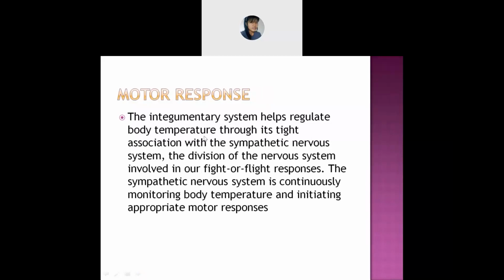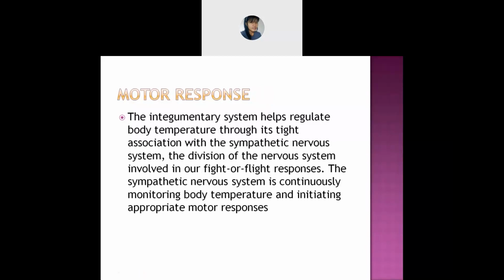Okay, next is the motor response. Motor response is the same thing as we have already discussed in the nervous system. If somebody wants to hit you or slap you, you will obviously respond.